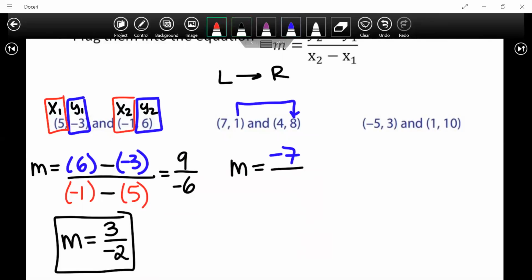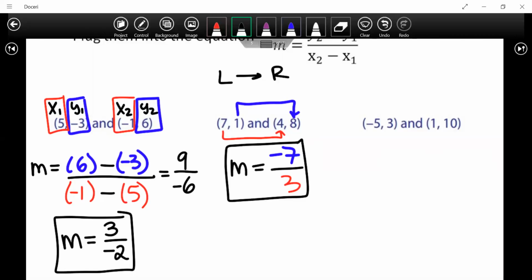What are your X's? What's 7 minus 4? Slope is done. We can do it that way, as long as you identify the points.